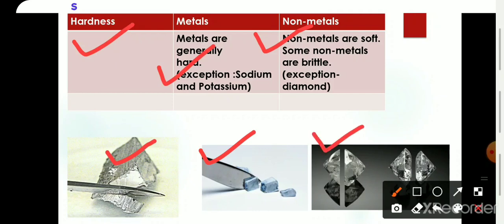Diamond is an allotrope of carbon. What is allotrope? That you will study in higher standard. And diamond is the hardest matter on the earth. So diamond, in spite of being a non-metal, is the hardest material on the earth. So metals are mostly hard while non-metals are mostly soft.